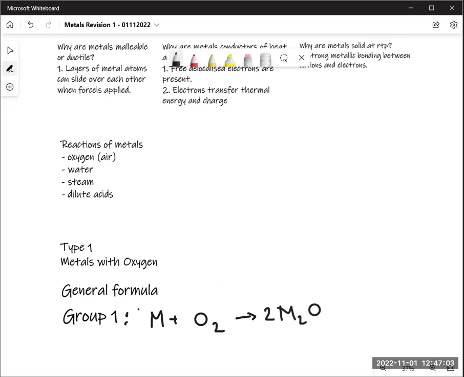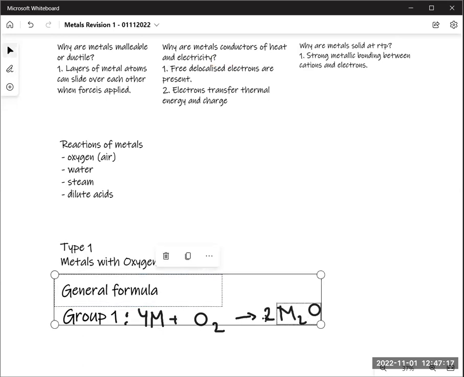Now this is the general reaction of all group 1 metals with oxygen. Whenever you get this, all you have to do is replace the M. What does that mean? Well, we'll look at that in a second.